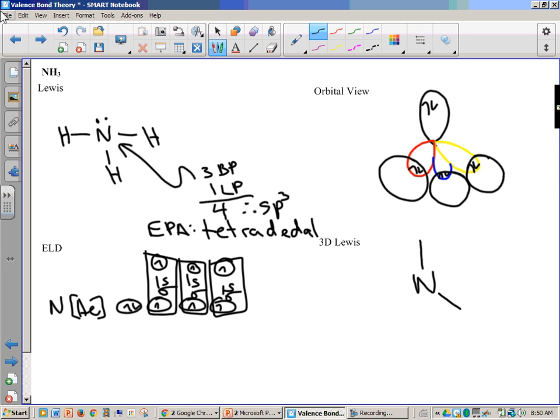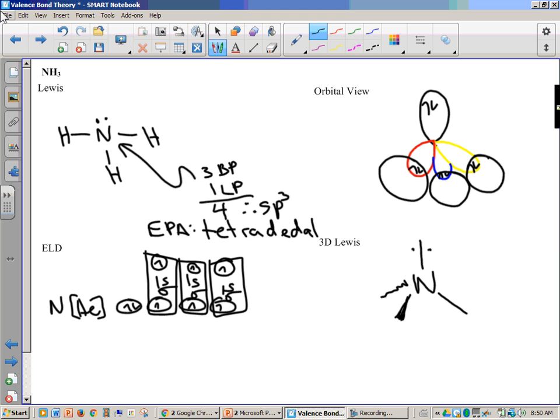Up, off to the side, wedge coming out front, kind of scribbly inverted wedge going in back. And now, instead of putting a hydrogen at the top, I'm just going to put a couple of dots there.